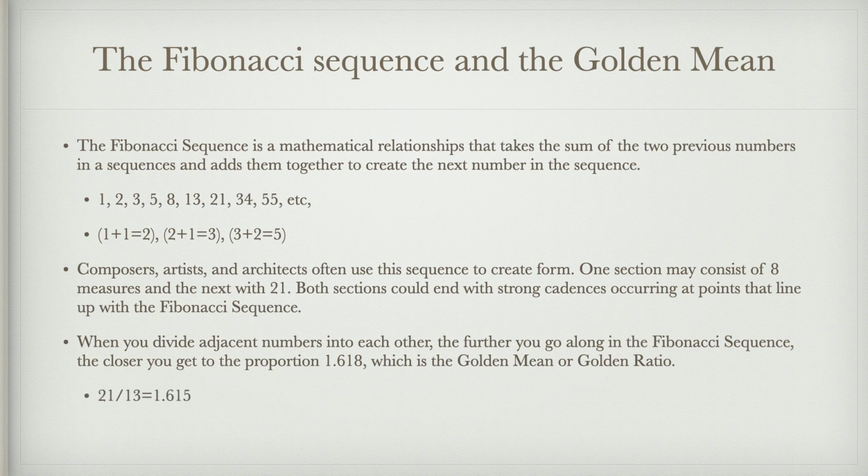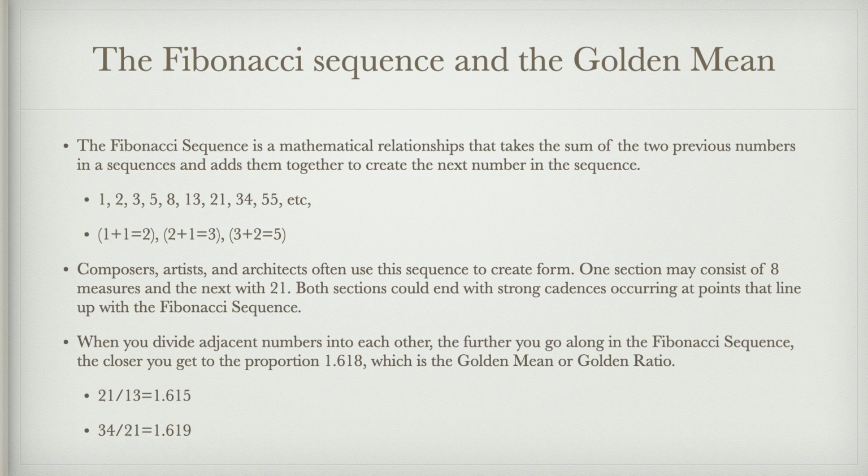Just as an example, if you take 21 divided by 13, you get 1.615. That's very close to the golden mean. And another option is 34 divided by 21, which is 1.619, also close to the golden mean. So this is why you may have a piece that has 8 measures and then 21, because 21 is really close to that ideal number.